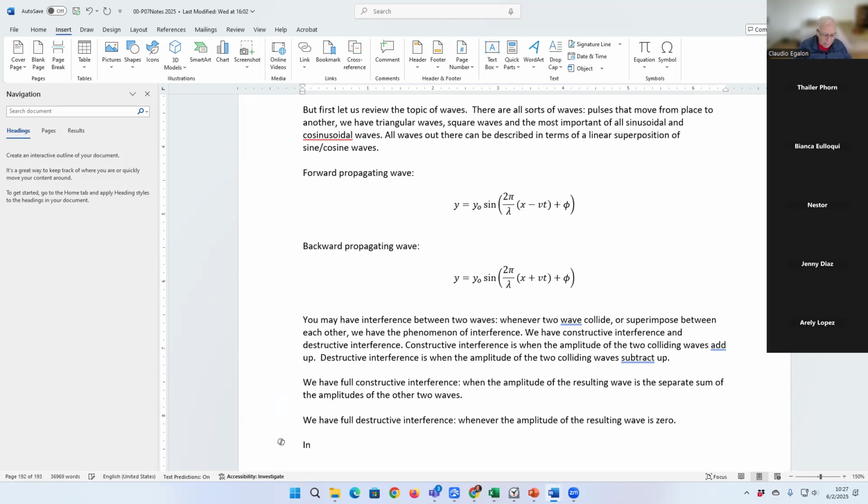In the first case, we say that the two waves are in phase or in synchrony, i.e., their phase difference is 0.